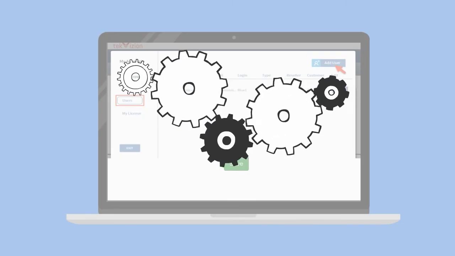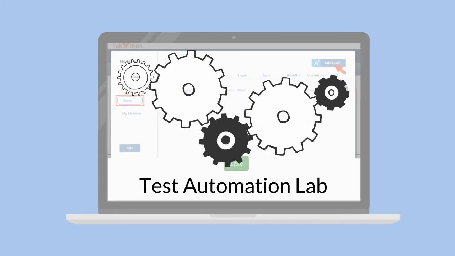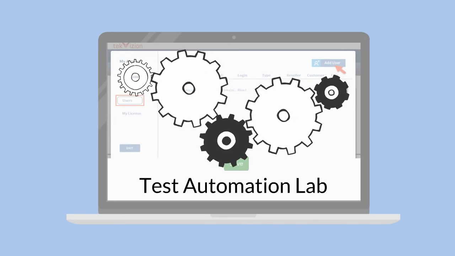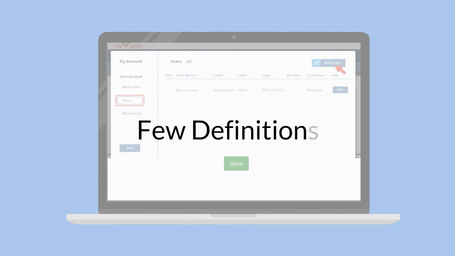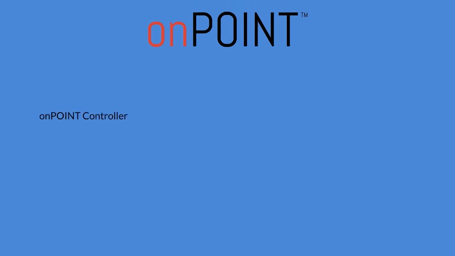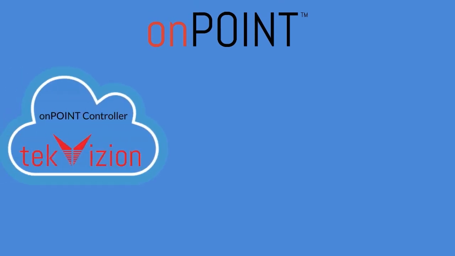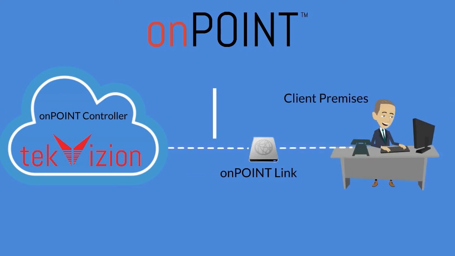Next, we will learn how to configure our test automation lab. But first, let's go through a few definitions. The OnPoint solution includes an OnPoint controller located at the TechVision cloud. It also includes the OnPoint Link, a small footprint proxy application that resides next to the phones on your premises.